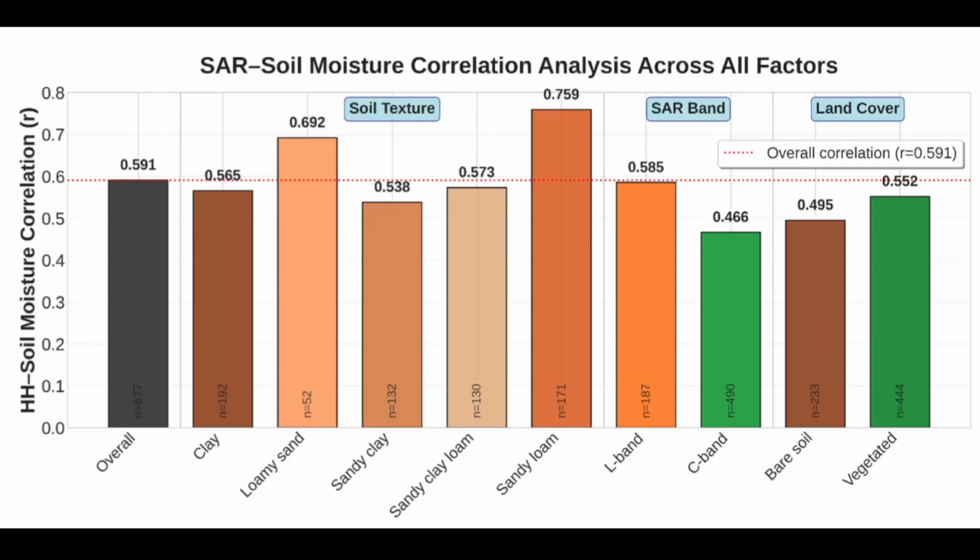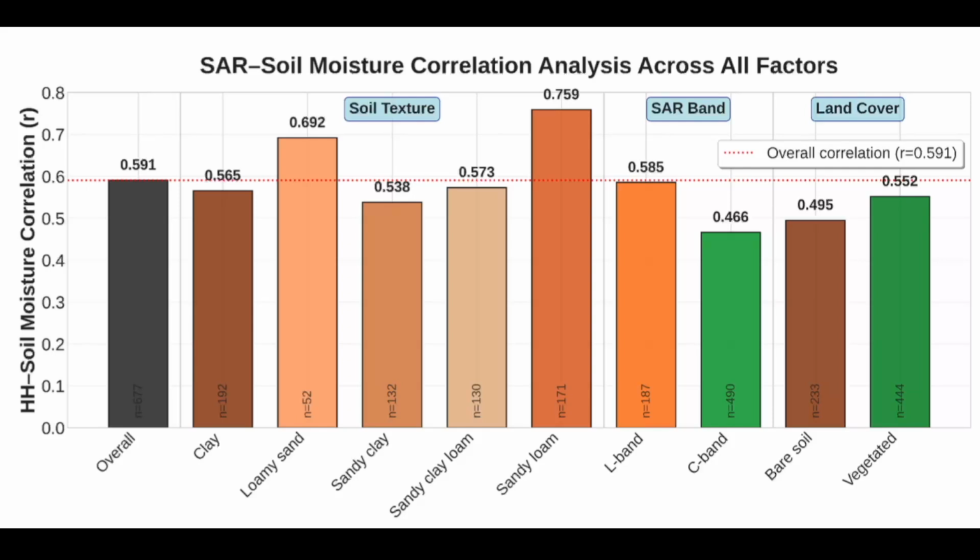What you are looking at here is the correlation between the backscatter and the soil moisture, but segregated by several different factors, not just soil texture. We have the overall correlation and each soil texture, and also two SAR bands, L band and C band.